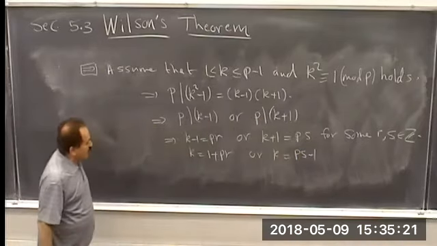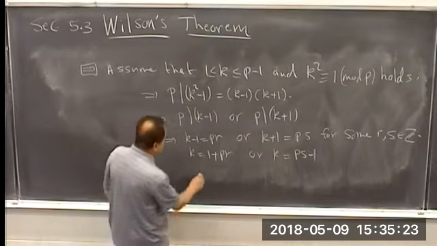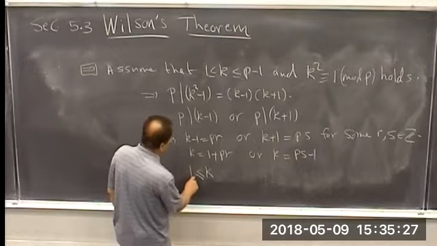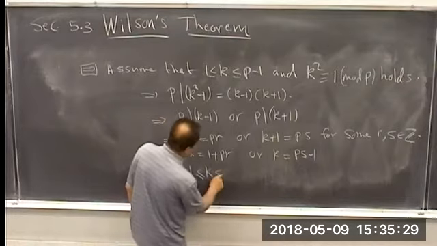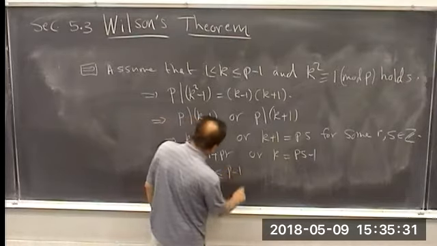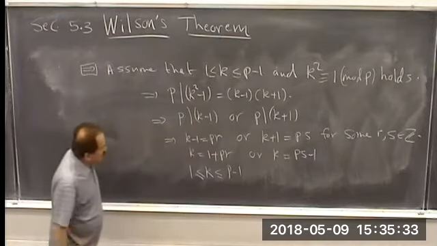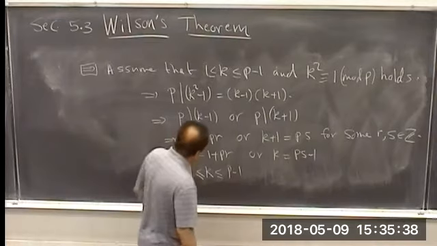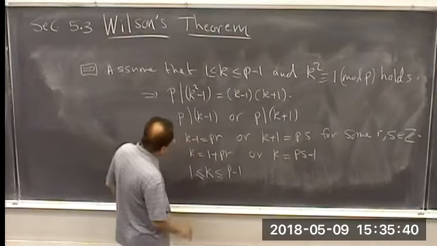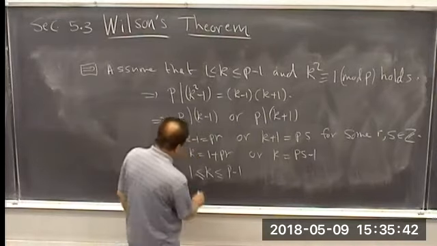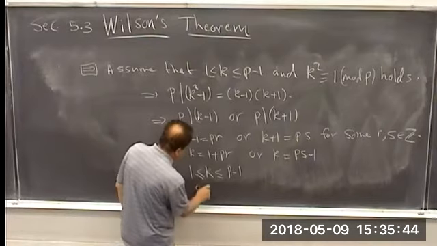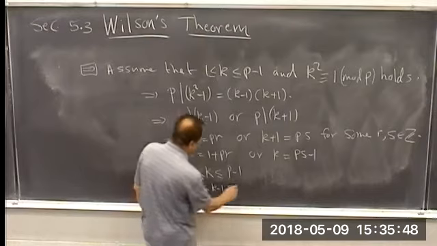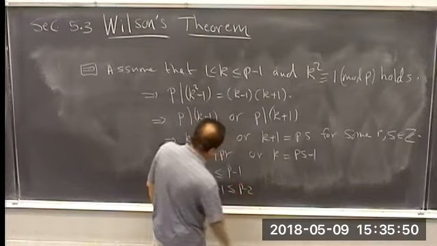Now we have, of course, k between 1 and p minus 1. So if I subtract 1 from this, we use k minus 1 here, and this becomes 0 less than or equal to k minus 1 less than or equal to p minus 2.